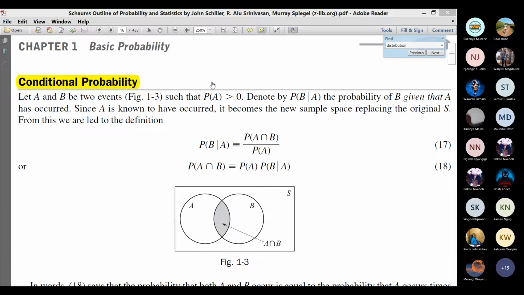I want to know if the problem is one person. Is it BIT 210? Yes, BIT 210. I'm in there and I cannot see anything.